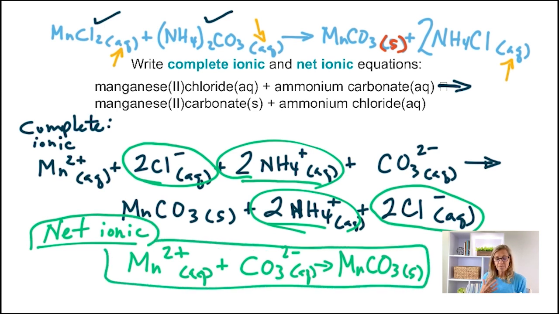So the ammonium and the chloride are what we call spectator ions, and they are just hanging out on both ends of the equation. Okay, and we eliminate those to form the net ionic. So practice a few of these, complete ionic, and then cancel out spectator ions to get the net ionic.